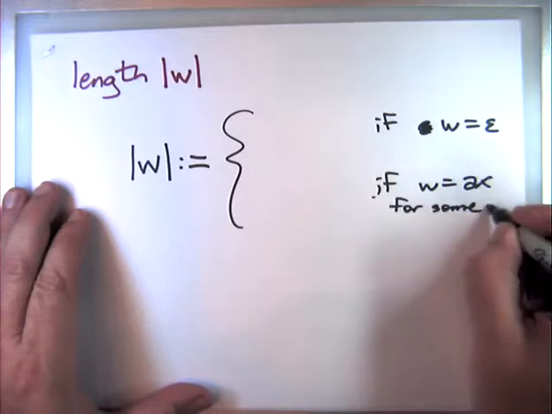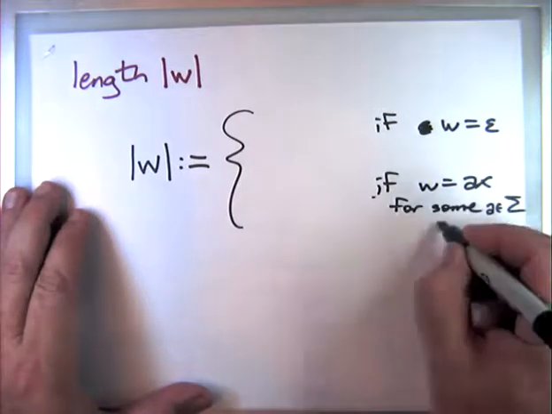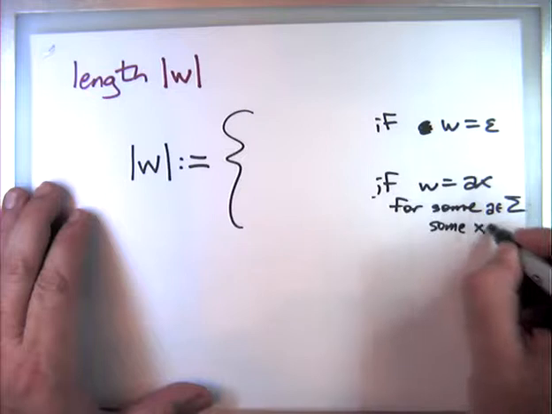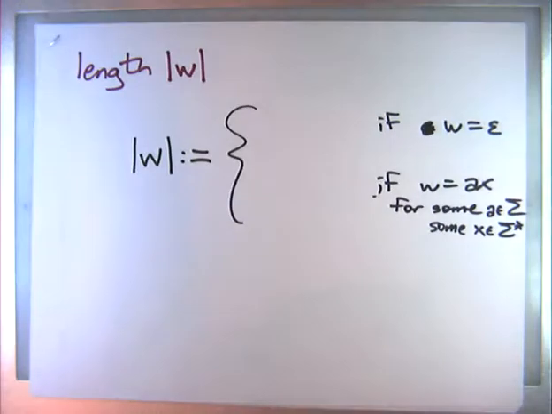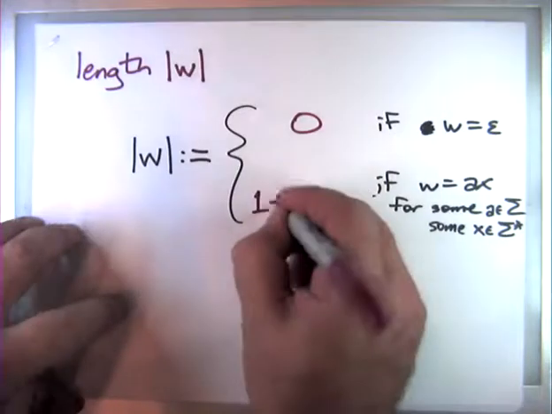What I mean here is, either W is epsilon, the empty string, or it has a first symbol, A, and the rest of the string we'll call X. This is just by the definitions. So perhaps you can tell me what I should put into these two cases. What is the length of the empty string? 0. Good. And what is the length of any non-empty string? 1 plus the length of X.